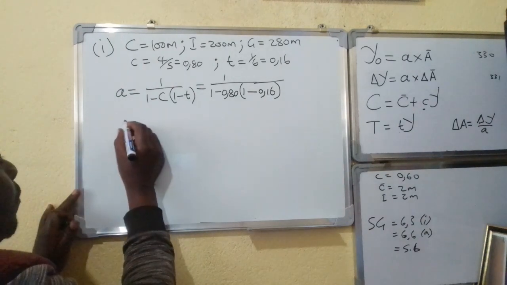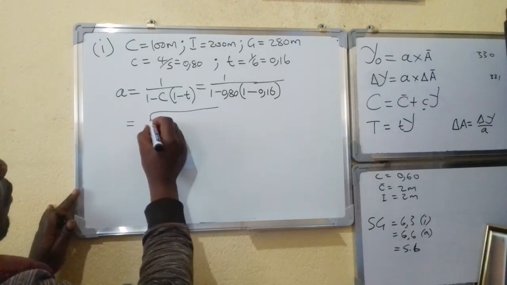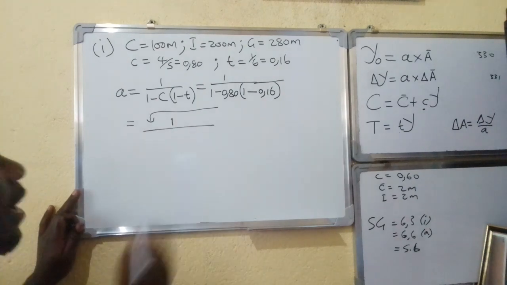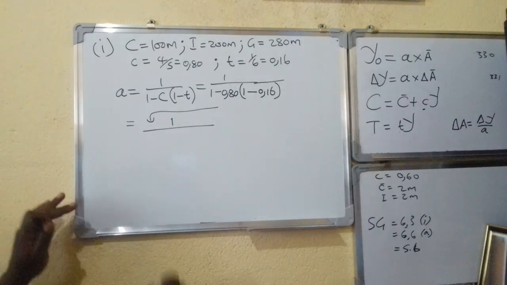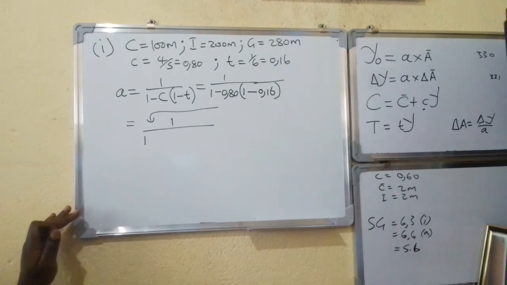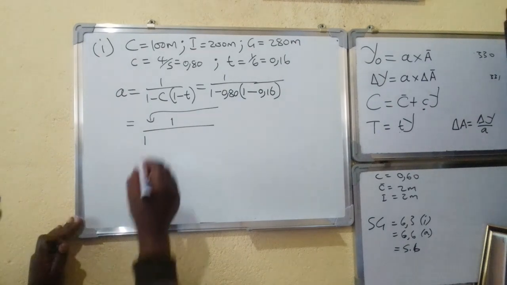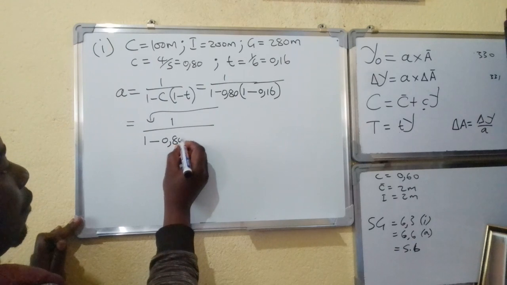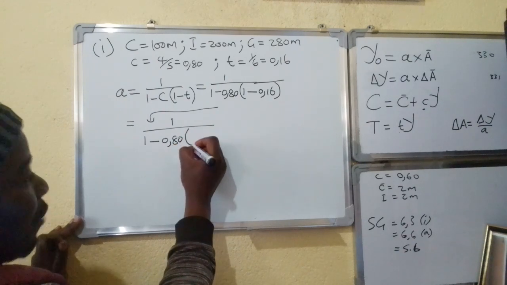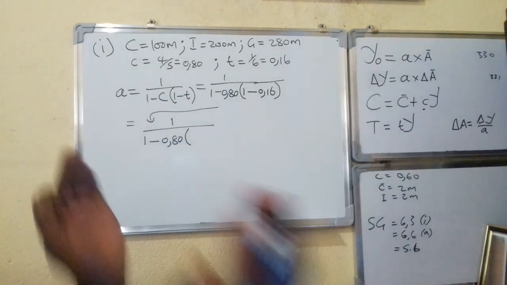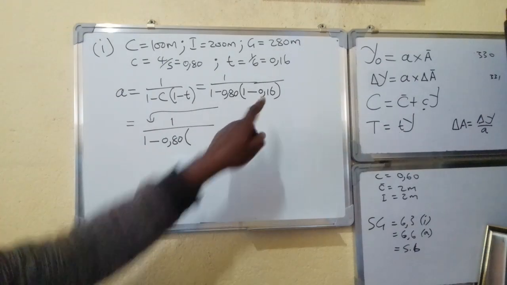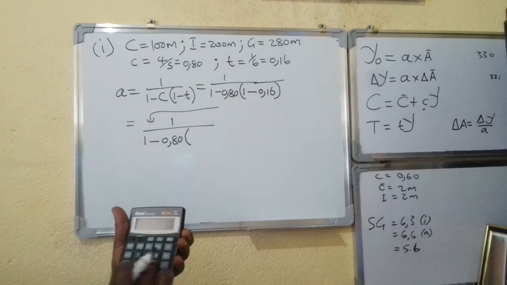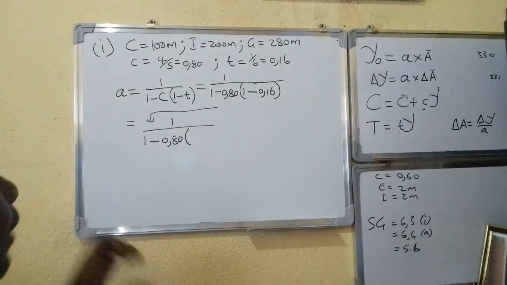The 1 on top is the last thing we use. The 0.80 we don't use yet. Always start inside the bracket. Inside the bracket you have 1 minus 0.16, which is 0.84.